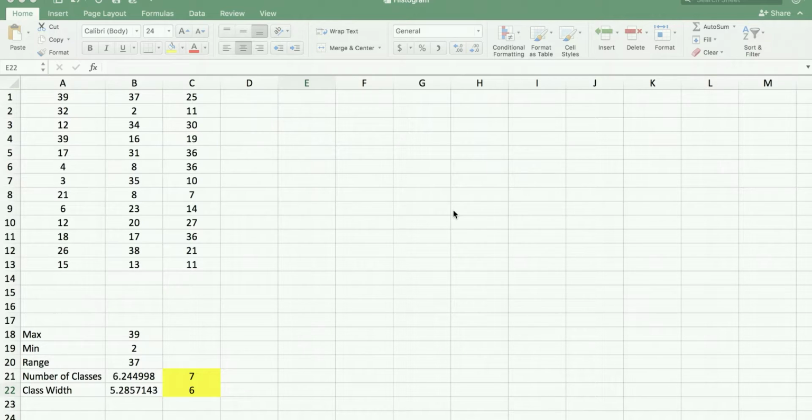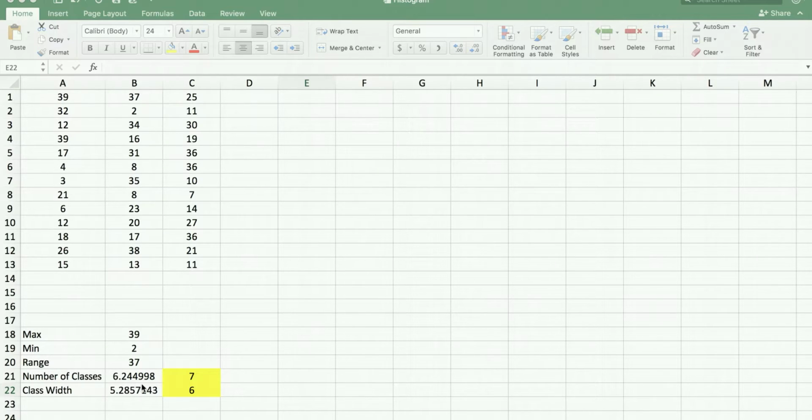We are trying to see the distribution of the data set, and if 7 classes work fine, we are good. But if we feel like we are not able to see the distribution well enough, then we can try, for example, 9 classes, 11 classes, and so on, all right?